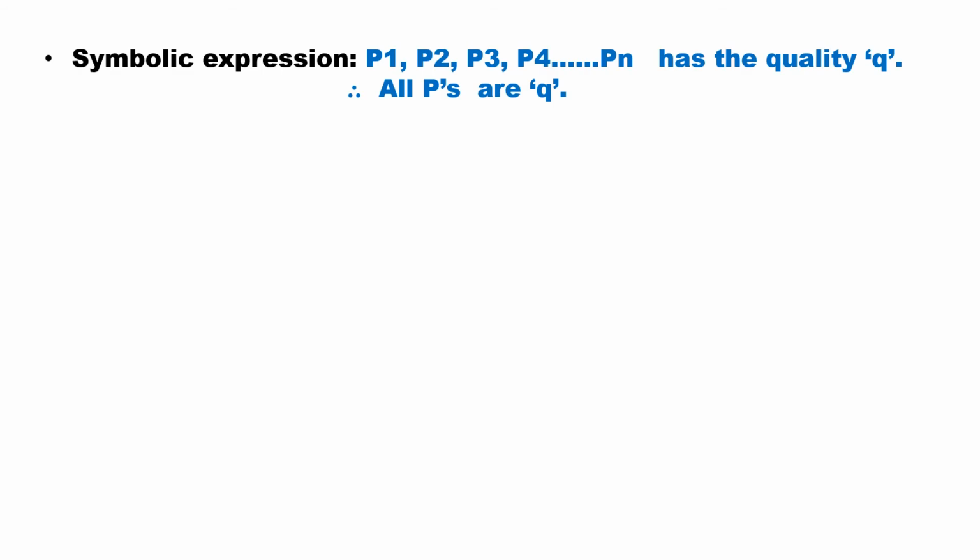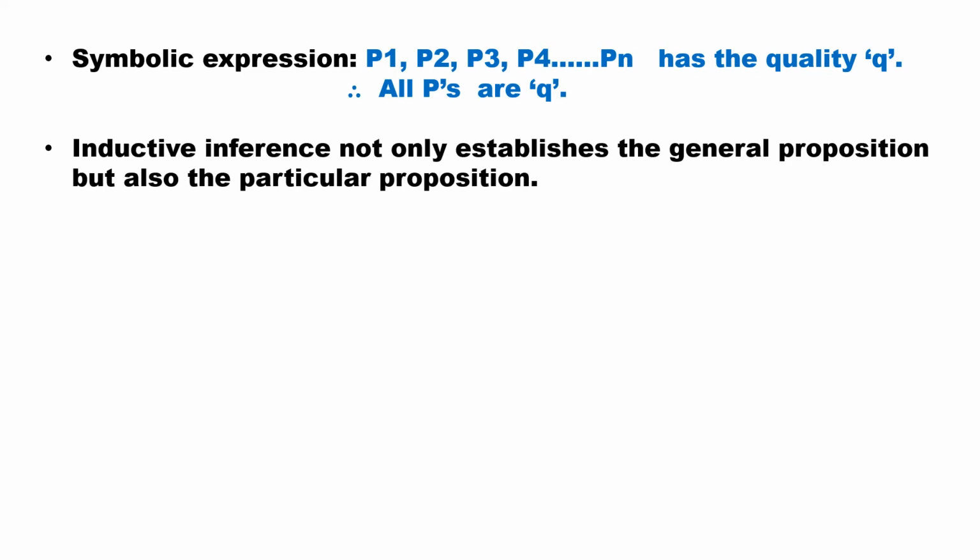The symbolic expression of an inductive argument is: P1, P2, P3, P4 till Pn has the quality Q. Therefore, all P's are Q. And inductive inference not only establishes the general proposition, but also the particular proposition.